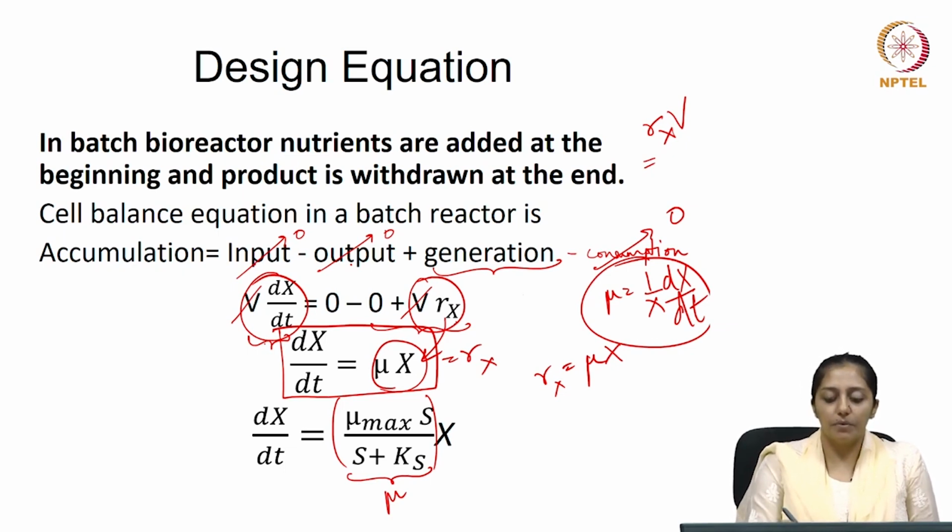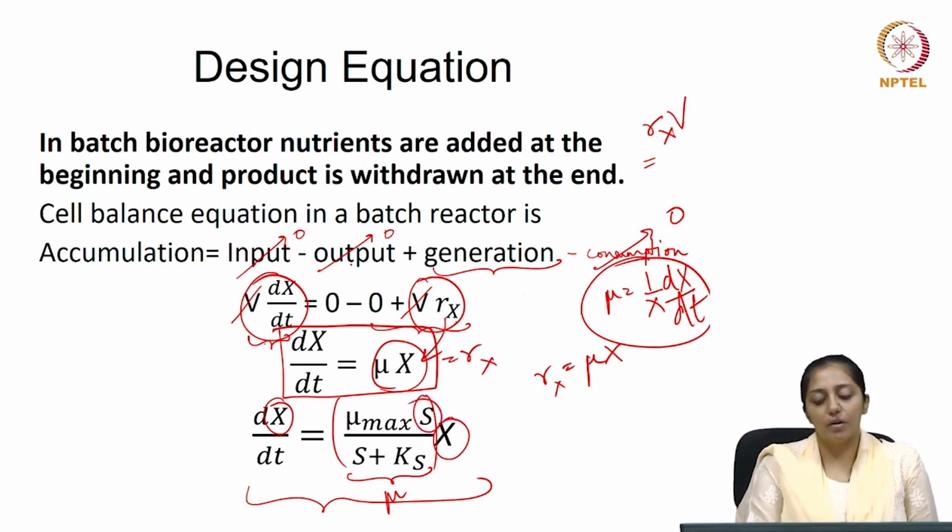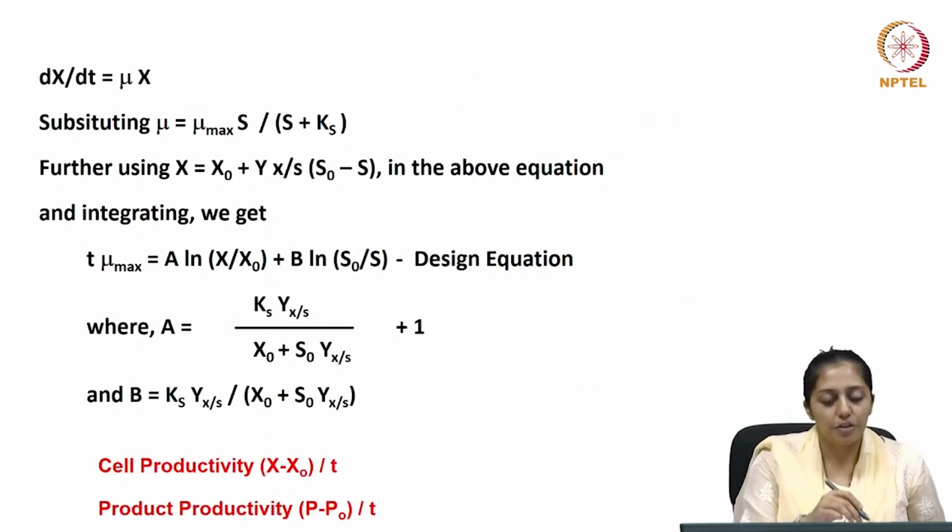So, they have substituted mu with mu max S upon S plus Ks, where S is your limiting substrate. So, now this becomes an equation which defines how the X inside the batch reactor is changing with time as a function of X and S, where S is your limiting substrate. Some bit of rearrangement.